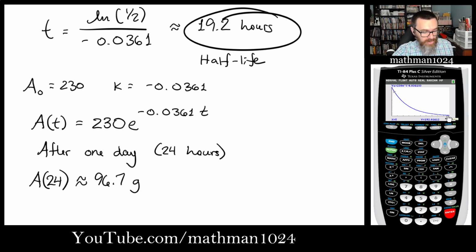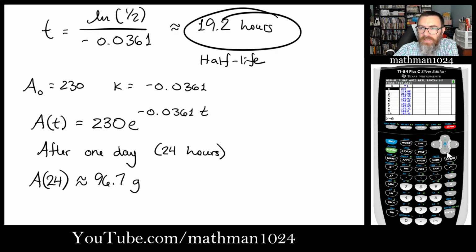Now the last part says, when will there be only 20 grams remaining? We could definitely trace along here and see when it's going to be 20. We could go to the table, but there's going to be a lot of clicking to get down to where it says 20. Or, like we've been doing, let's say 20 for the second equation. Each of these tick marks is 10 hours.